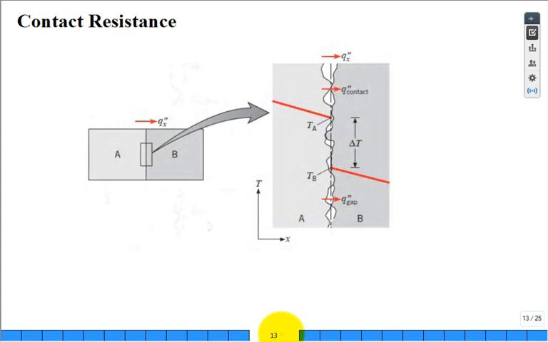All right. Now we move to another topic. It's called contact resistance. It may not be that big of a deal in home construction, but it's definitely a big deal in electronics, cooling. You have layers of things, and you're really trying to have small delta T's, not having your computer or your cell phone internal components overheat. Anyway, you have material A in contact with material B, and there's this interface.